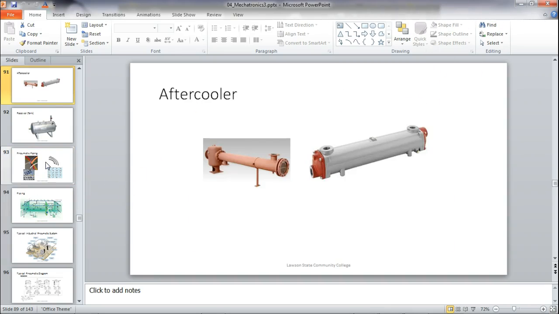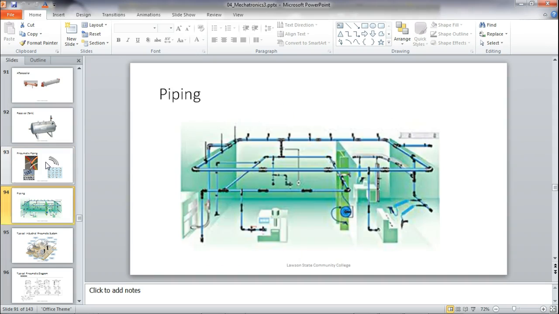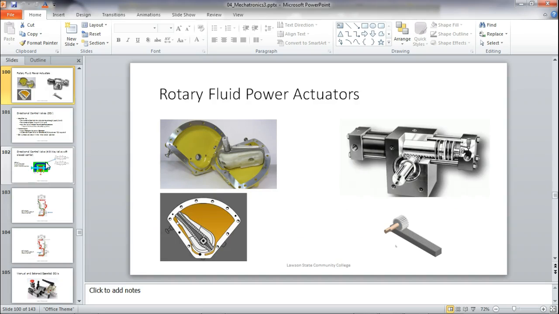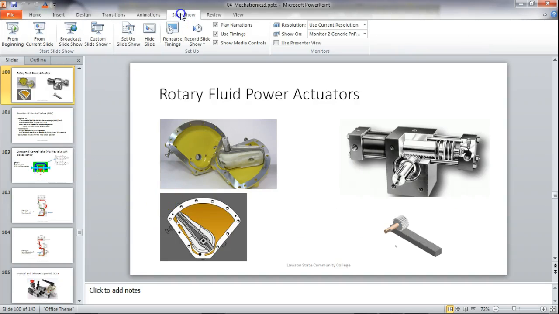So I'm not saying that a motor cannot have a limited stroke, but it's got to be limited outside of the motor. Rotary actuators, they are limited internally, right? You understand that? So these are the kind of like the rotary actuators.